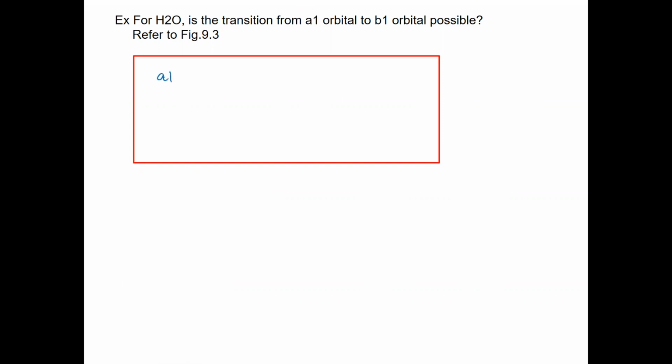So what you have is the A1 and then the B1 orbital, right? A1 is 1, 1, 1, 1. B1 is 1, minus 1, 1, minus 1. And you have to think about X or Y or Z. What we want to obtain is 1, 1, 1, 1, which is the A1 category.